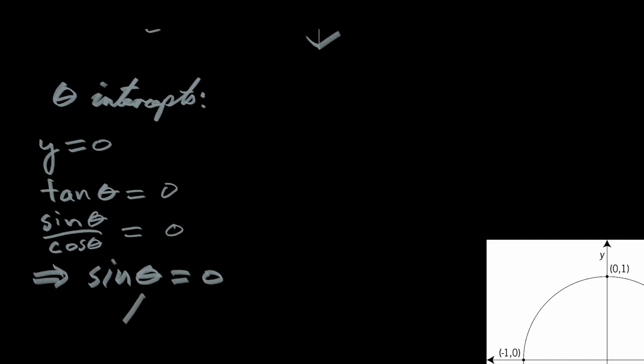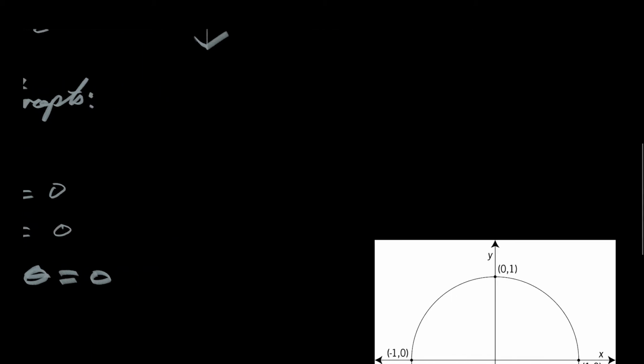All we have to do now is consider what angles of theta would give us sine of theta equal to 0. And we can head to our trusty unit circle, and we can see that when theta is equal to 0, sine of theta is 0. When theta is equal to pi, sine of pi would be equal to 0.